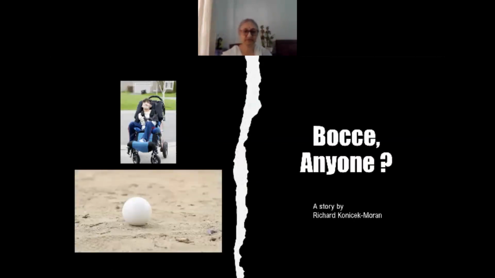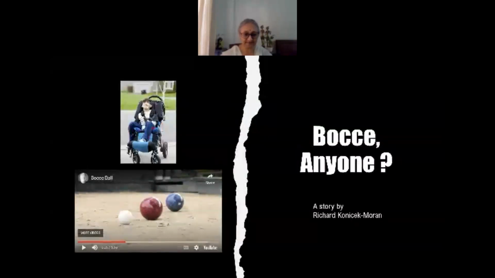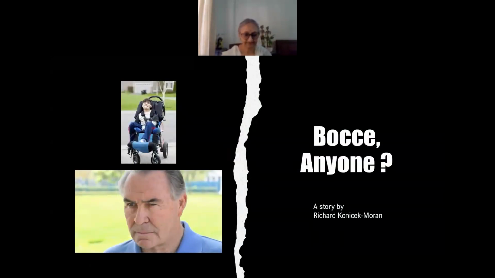So this is the boundary, this is the palino, white ball. Now one player is throwing the ball, his bocce is blue. So it goes and stops here. Now another player is going to throw his bocce, and that is the red one, right? So the game is continuing. So now this fellow is throwing another bocce.